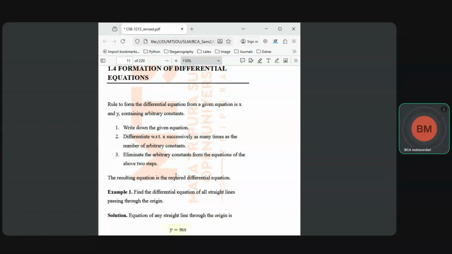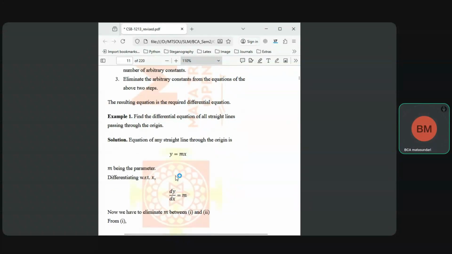Differentiate with respect to x successively as many times as the number of arbitrary constants. Eliminate the arbitrary constants from the equations of the above two steps. The resulting equation is the required differential equation.